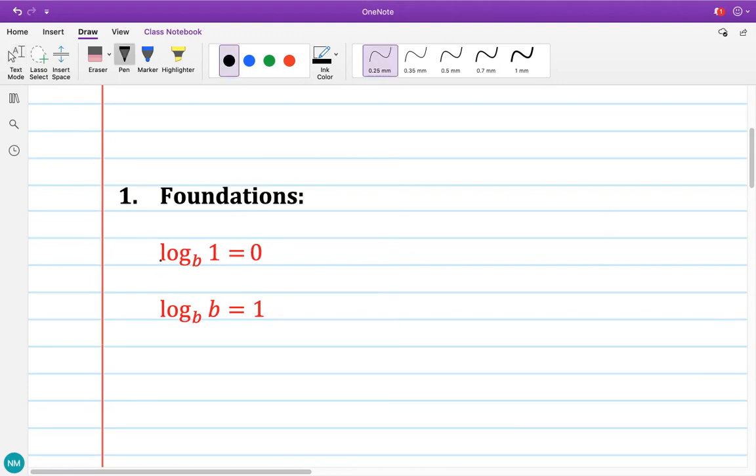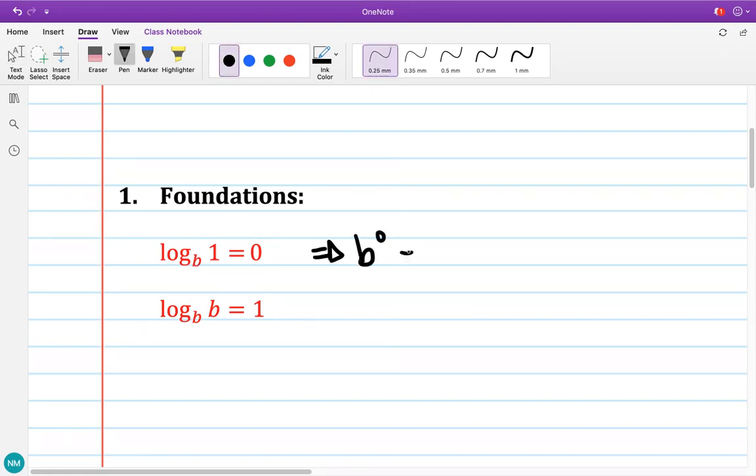So log base b of 1 is equal to 0. This is just a few foundations. The reason that this is true is because if I wrote this in exponential form, this is the same thing as saying b to the 0 is equal to 1.